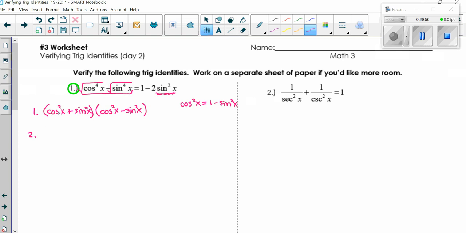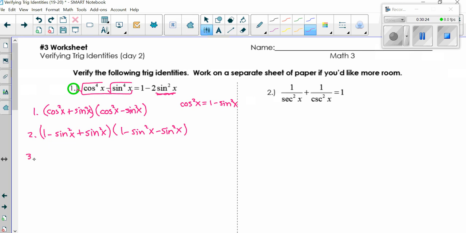Instead of cosine squared x, I can say 1 minus sine squared x plus sine squared x. And then over here, I can replace this one too with 1 minus sine squared x minus sine squared x.